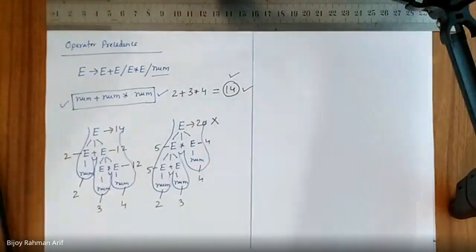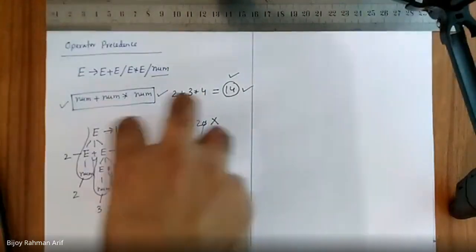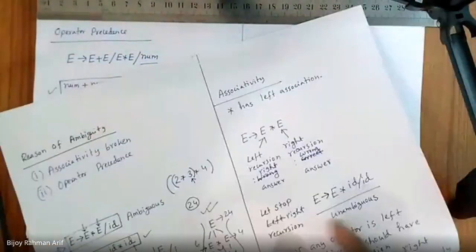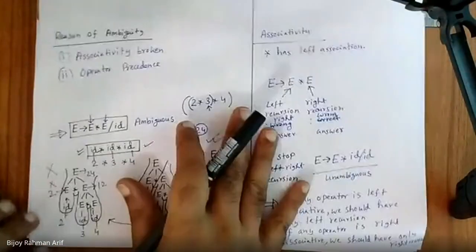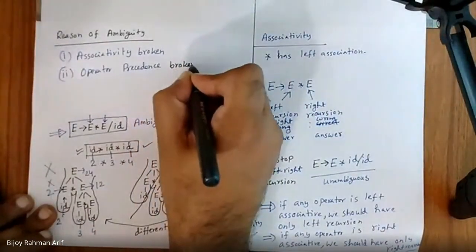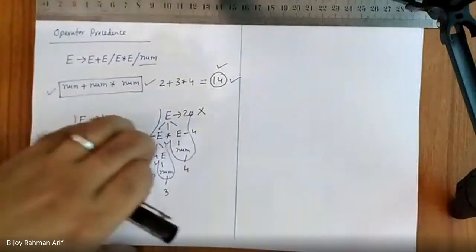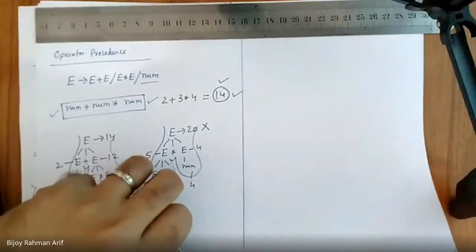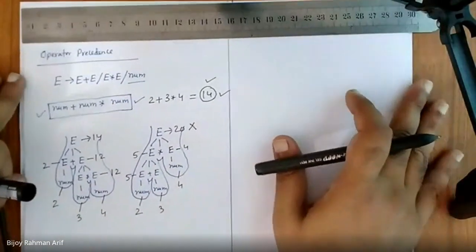Now tell me, how can I get rid of this problem? This ambiguity is also called operator precedence. So the reason of ambiguity, another reason, is that operator precedence is broken. So how can you get rid of this problem?